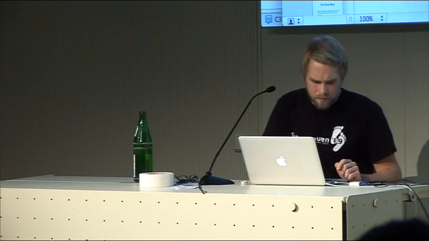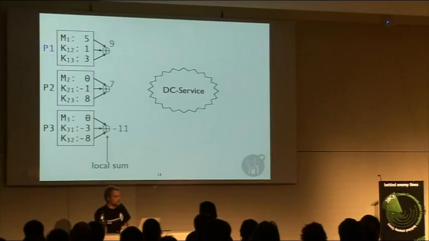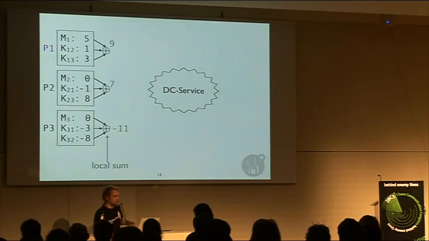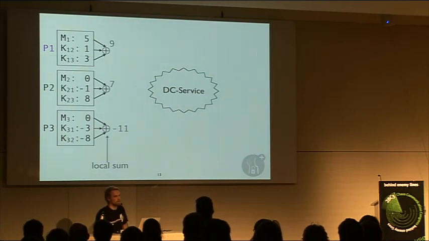No, that was just an example. Here you have the 9, the 7, and the negative 11. Only one participant has a negative local sum, and this is just to make it easy to understand. Normally, everybody would sum up and calculate the key a little bit differently and use modulo something. So I only use positive integers.